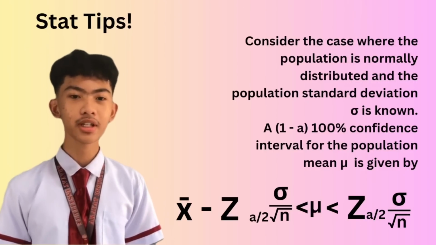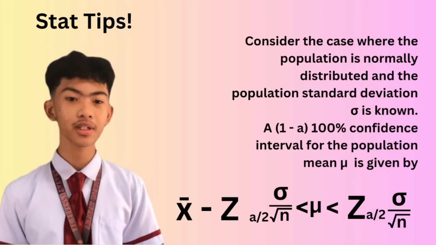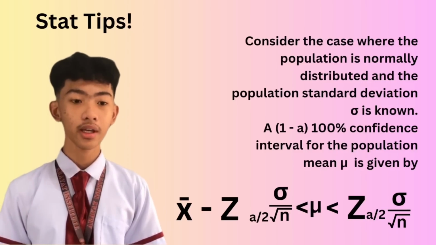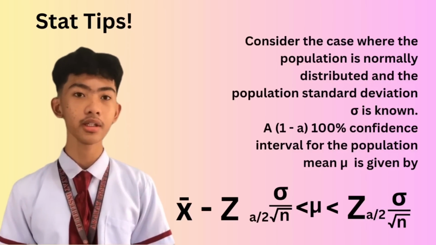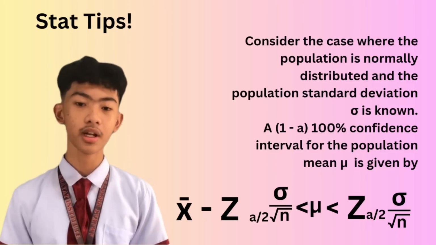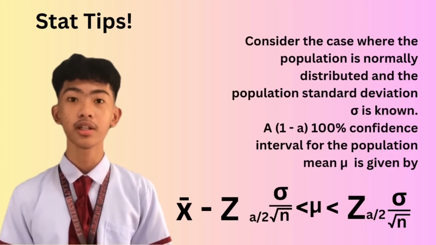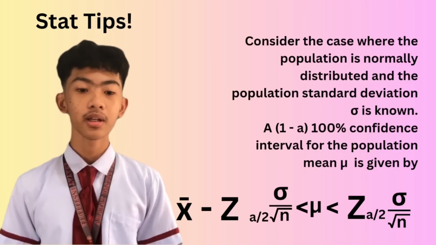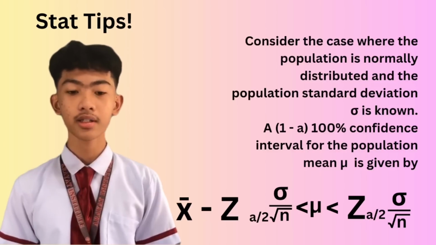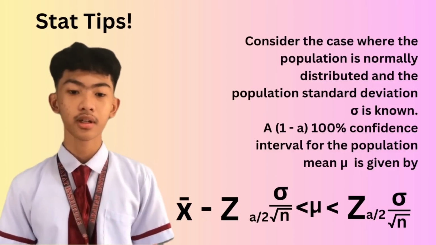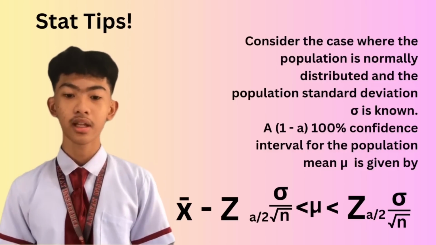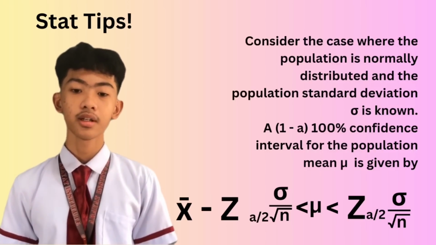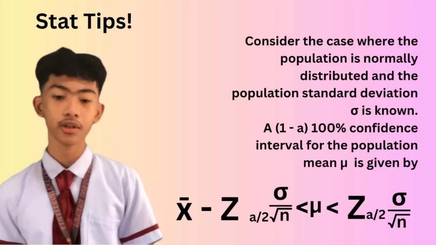Stat tips. Consider the case where the population is normally distributed and the population standard deviation is known. A (1 minus alpha) times 100% confidence interval for the population mean is given by sample mean minus z sub alpha over 2 times sigma over the square root of n, less than mean, less than sample mean plus z sub alpha over 2 times sigma over the square root of n.